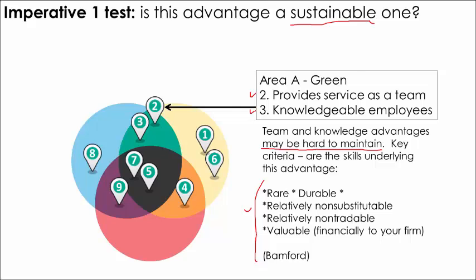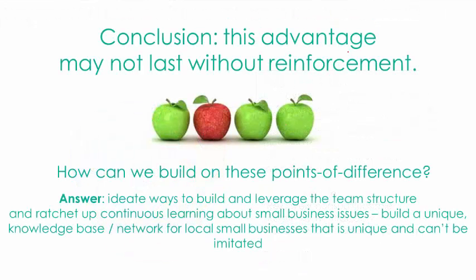The conclusion here is that anytime you do have advantages around service and people, that advantage may not last without reinforcement. So that is a very significant thing to take into account as you're planning strategy forward.